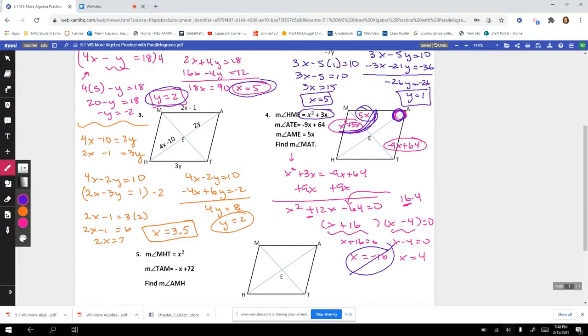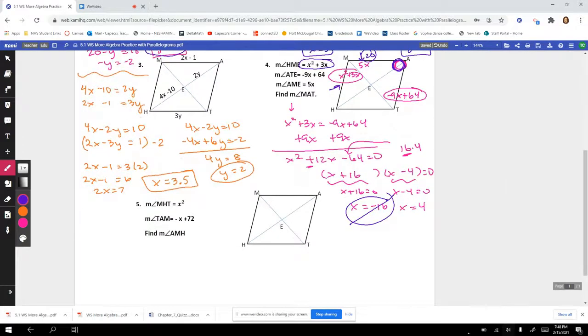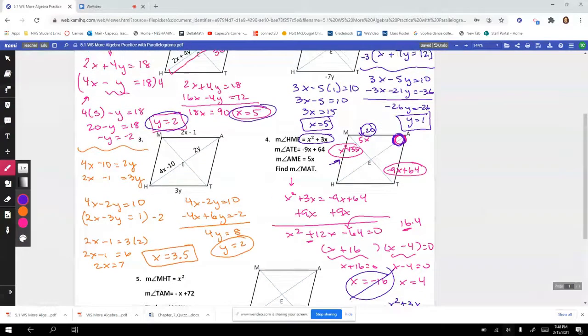So if I substitute 4 in, let me erase some of these purple marks. If I substitute 4 in here, the measure of this angle is going to be 20. If I substitute 4 in there, I get 4 squared, which is 16. Let's do this down here. So I have x squared plus 3x, 4 squared plus 3 times 4. 4 squared is 16. 16 plus 12 gives me 28.